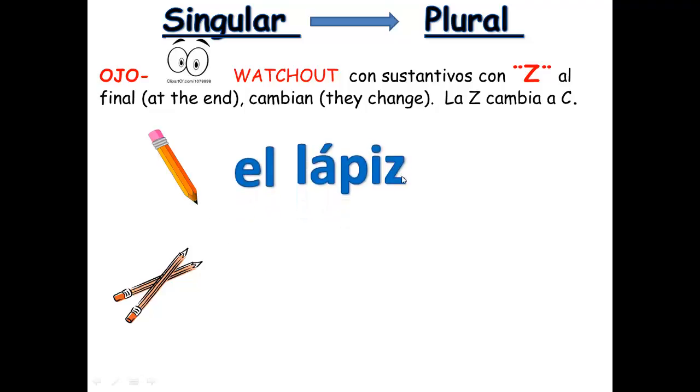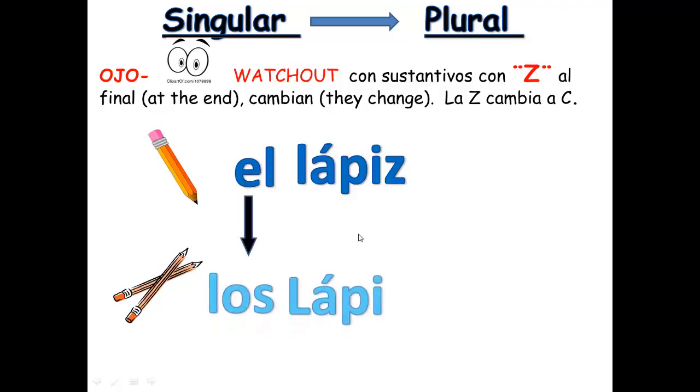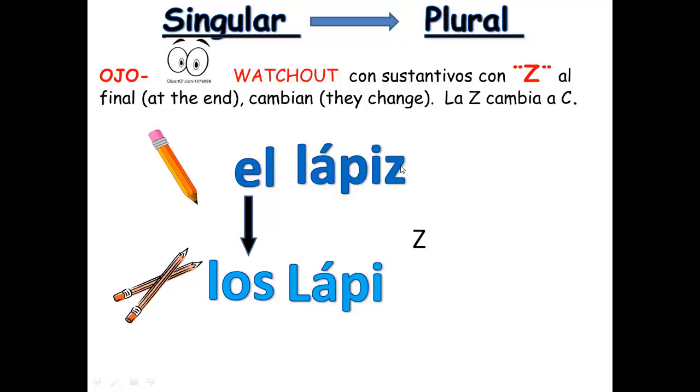So, el lápiz, el becomes los. We end in consonant here, so we know we're going to add es, or es in español. And now the zeta, it's going to change into a c. And el lápiz becomes los lápices.